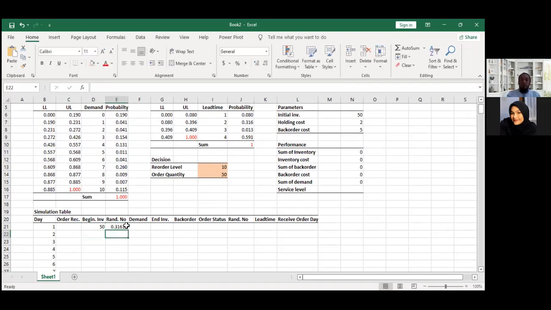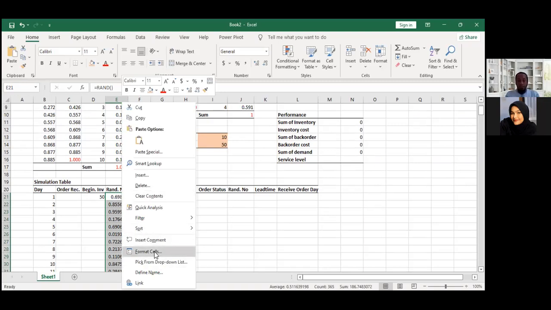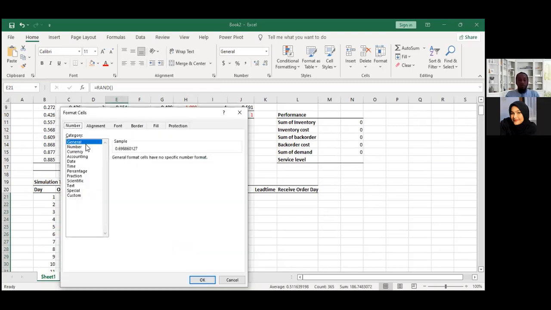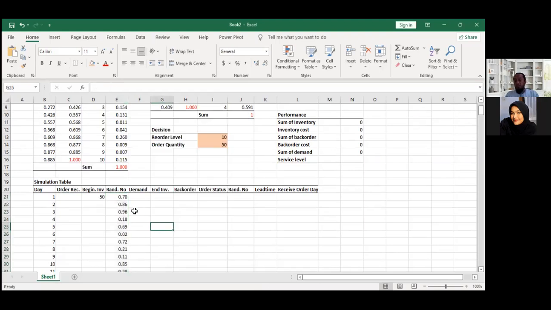Then we copy down until 365 days. To make it easy to read, we can format it to consider just 2 digits after the decimal.